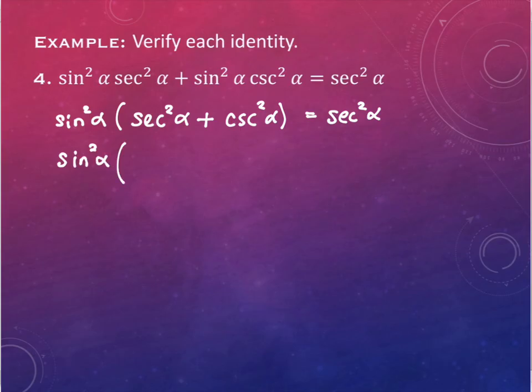So if I change secant squared alpha into its reciprocal, that's 1 over cosine squared of alpha. And then the cosecant squared is 1 over sine squared. We could distribute. Now, at the point where we are, that's a really good step.